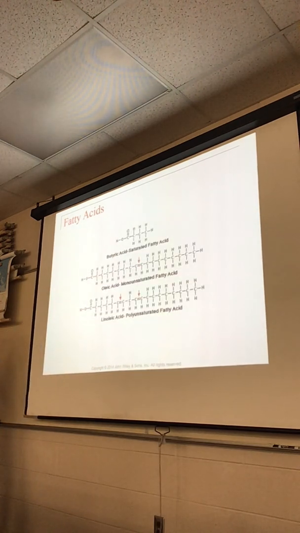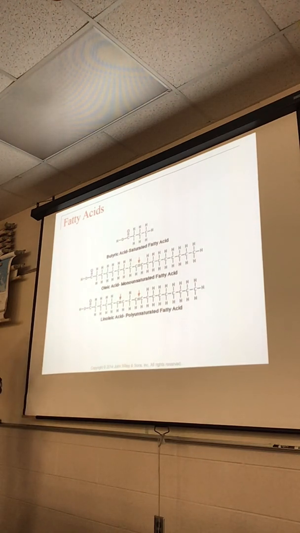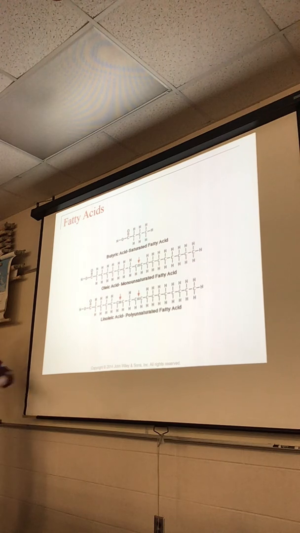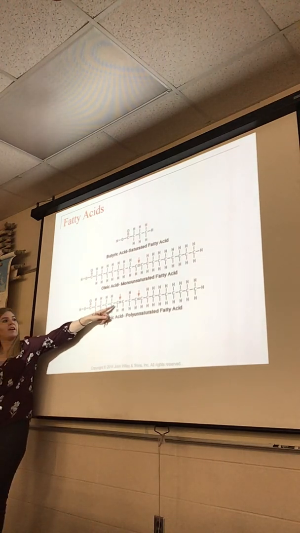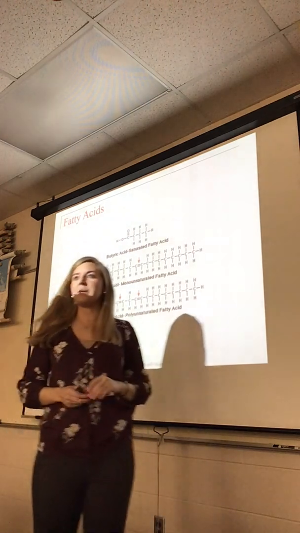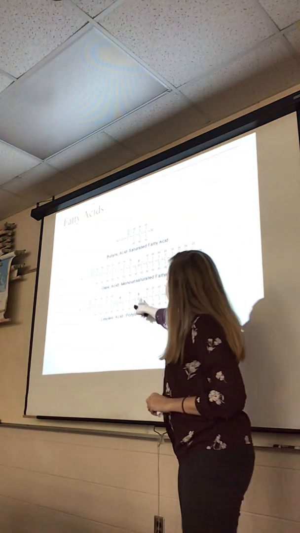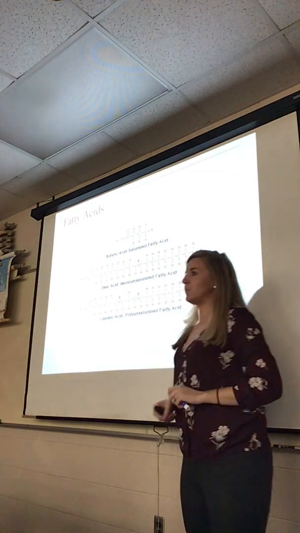Now, here's some more examples. Saturated. This is monounsaturated. This is polyunsaturated. The more double bonds, the better. Monounsaturated means it just has one double bond, one kink. Polyunsaturated means that it has two.